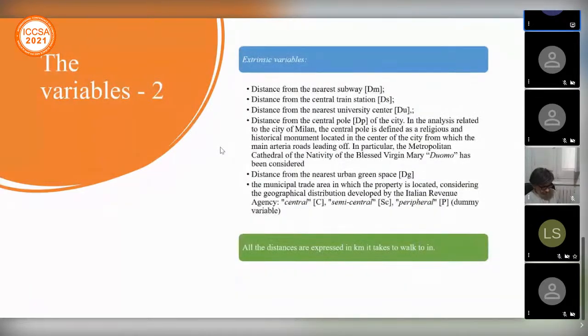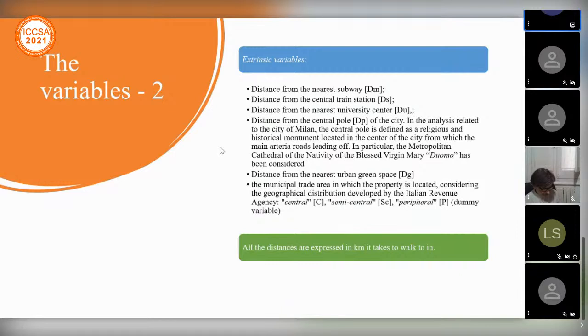Then we added the extrinsic variables. We chose some distances from the most important factors that could influence the choice of a rented house, like the distance from the nearest subway, the distance from the central train station, Milano Centrale, and the distance from the nearest university center.